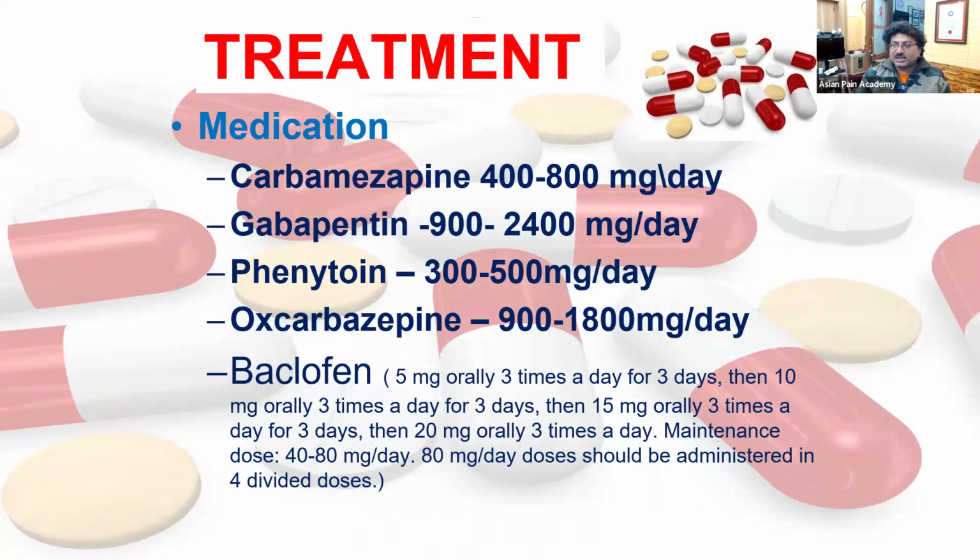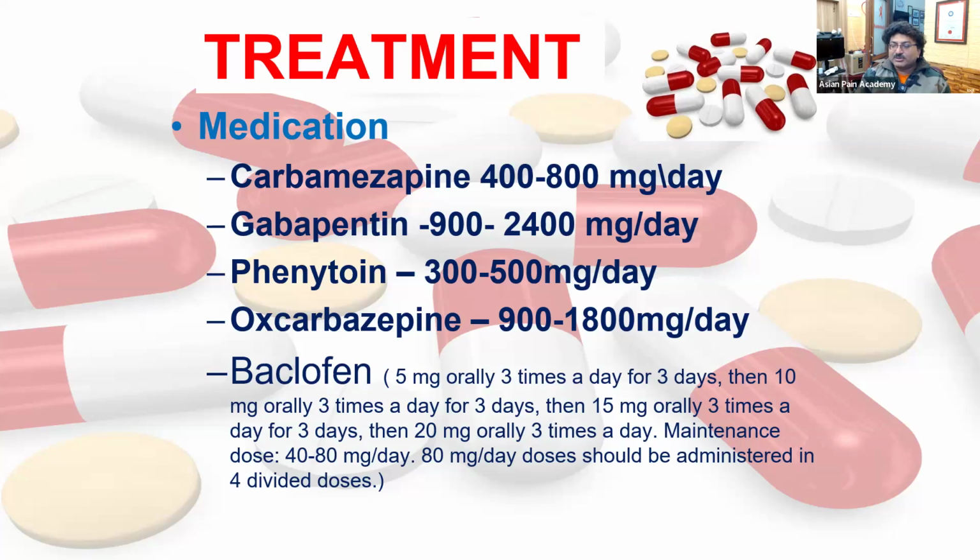The first drug is carbamazepine. The usual starting dose nowadays, as the sustained release preparation is available, we commonly start with the 200 milligram sustained release preparation at bedtime, so that the side effects are minimal. And if the patient is able to tolerate the medicine, then according to the patient's response, we usually increase the dose up to 800 milligram.